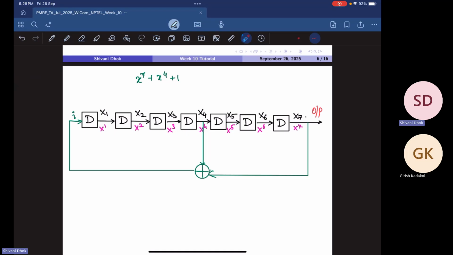This is the standard way of representing these things. Okay, any questions till now? If not, then I'll move on to the next.